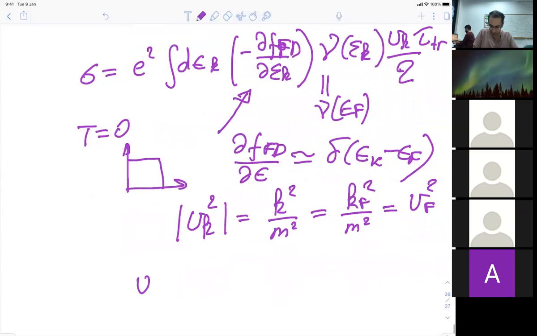So V Fermi is just k Fermi over m. And k Fermi is the position where the energy lies precisely at the chemical potential. Okay?